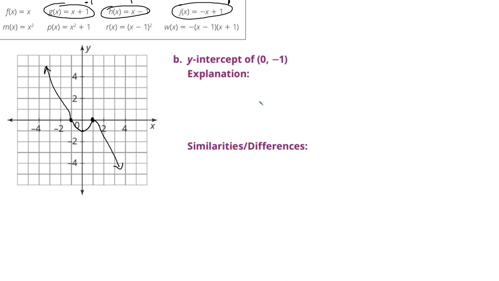So for our similarities and differences, we know that we all had a y-intercept at y equals -1. What other similarities did you have to mine?